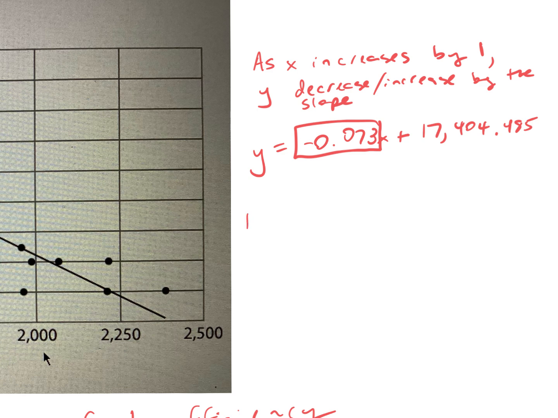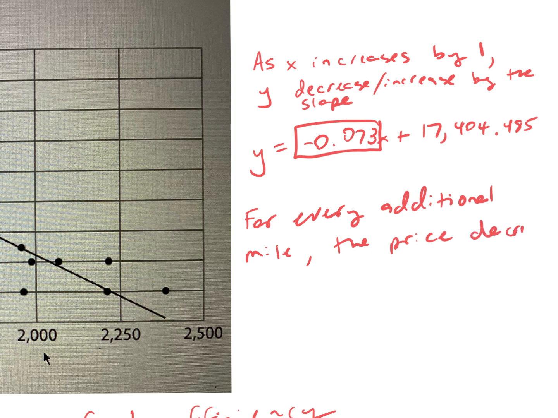So we would say, for every additional mile, the price decreases by 7 3/10 of a penny.